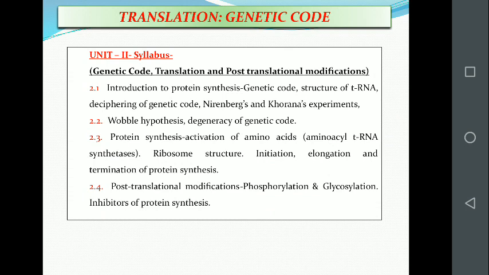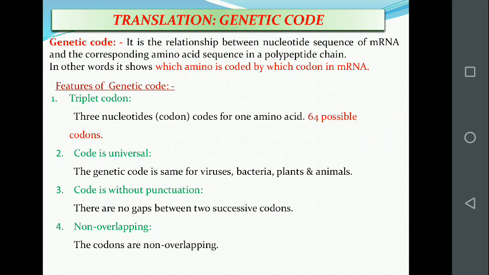In case of replication and transcription also, we have learned about some of the inhibitors that participate in those processes. They act as drugs, antibacterial drugs. Okay, so now let us quickly revise the earlier topics, and then we will go into the final subtopic, that is post translational modifications. Okay, so let us start with the genetic code.